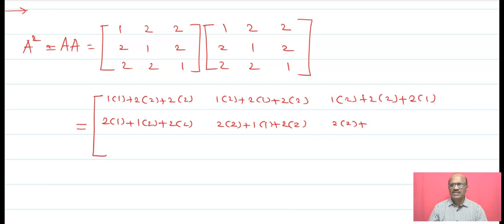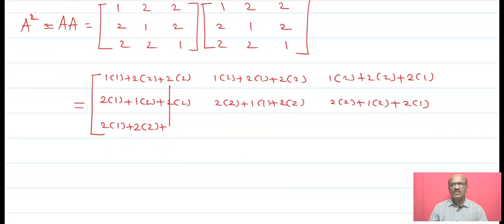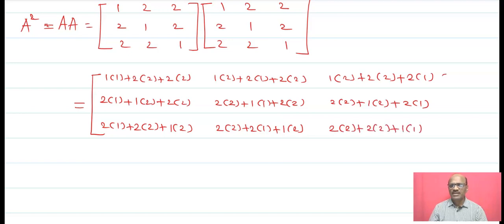In this way, the second row, third column. Now what will be the next? Third row, first column. Third row, second column. See this element. The row is constant, but the columns are changing. That is, the bracket numbers are changing.